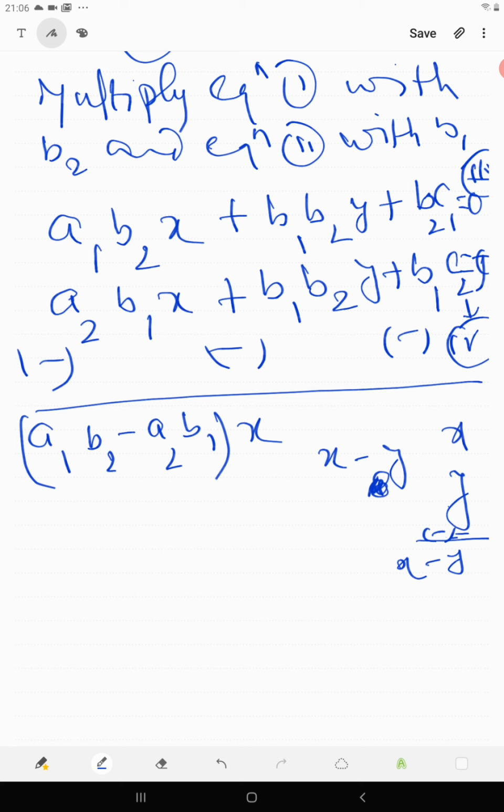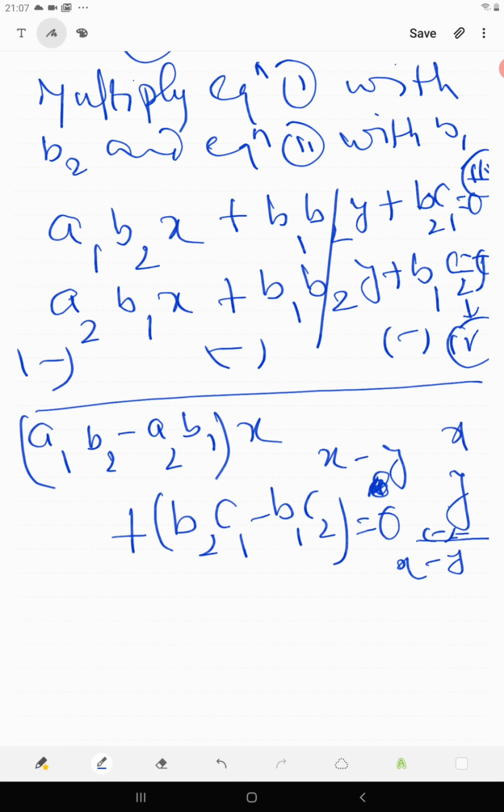Now b1 b2 y minus b1 b2 y get cancelled out. What next we get is plus b2 c1 minus b1 c2 equals 0, since the right hand side is 0 minus 0.